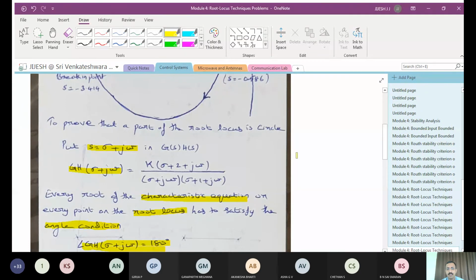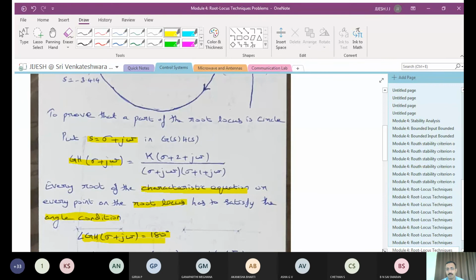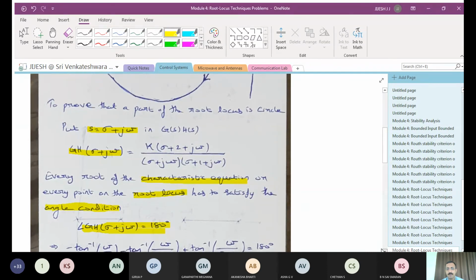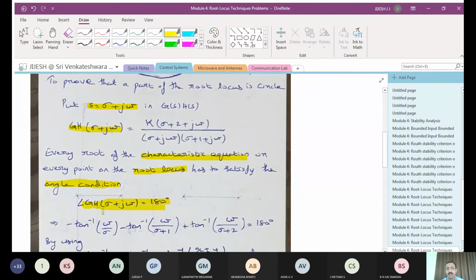You can make that plot later on. You just have to prove that the root locus is a circle. For that you substitute S equal to sigma plus j omega, and you have to satisfy the angle condition, that the angle of G of S, H of S at sigma plus j omega equals 180 degrees.